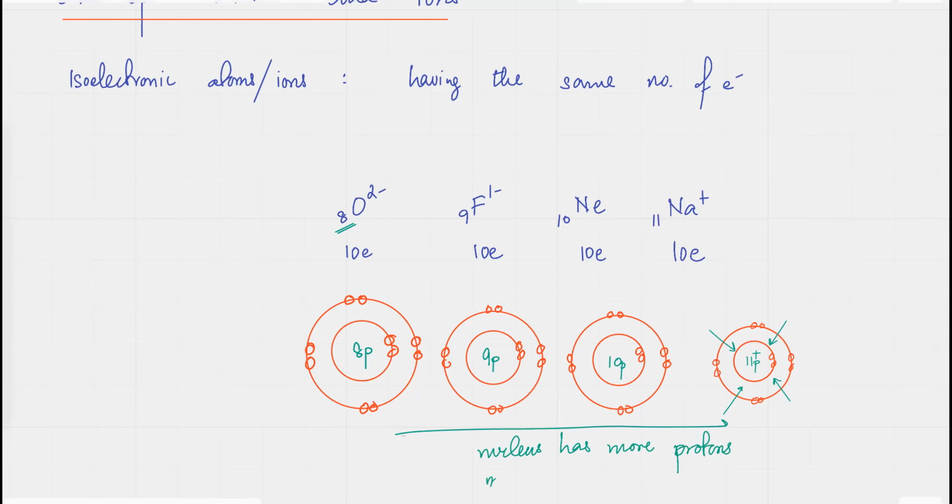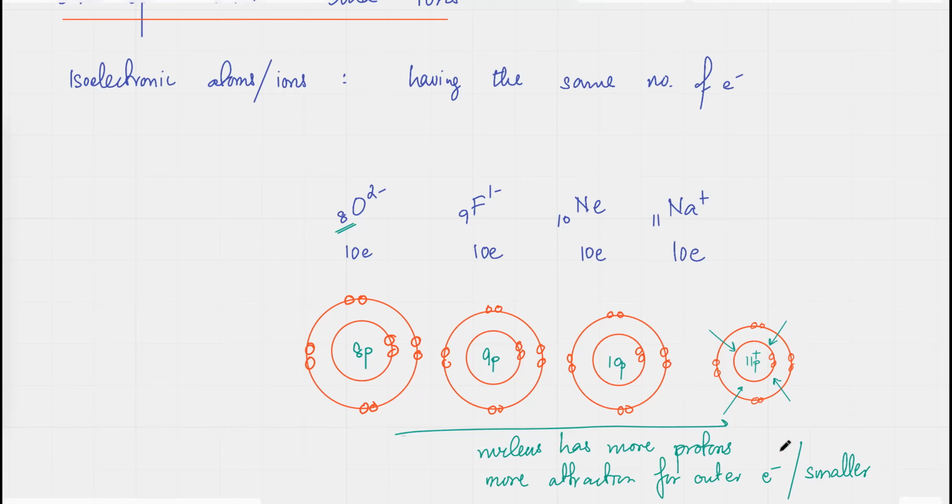So there's more attraction for the outer electrons, which is why the atom size would be smaller. Is this clear?